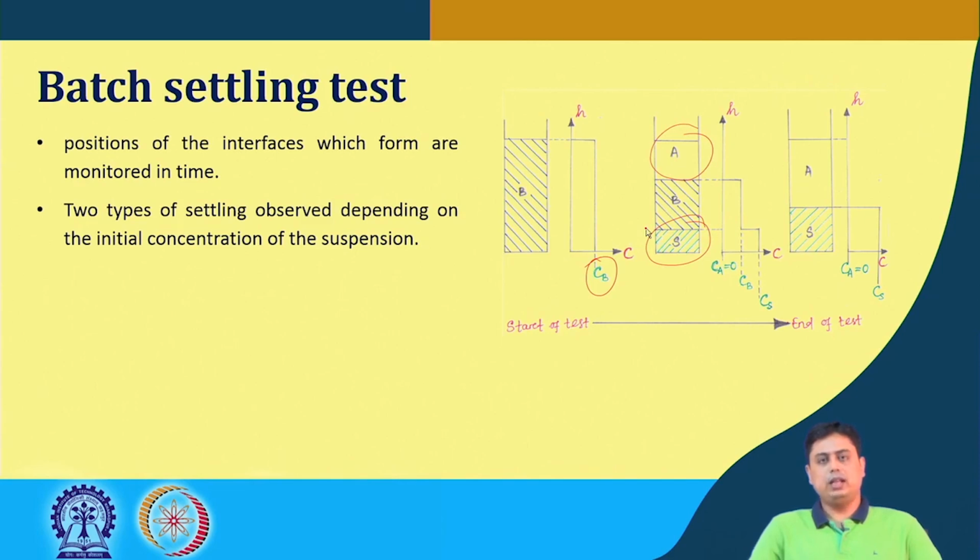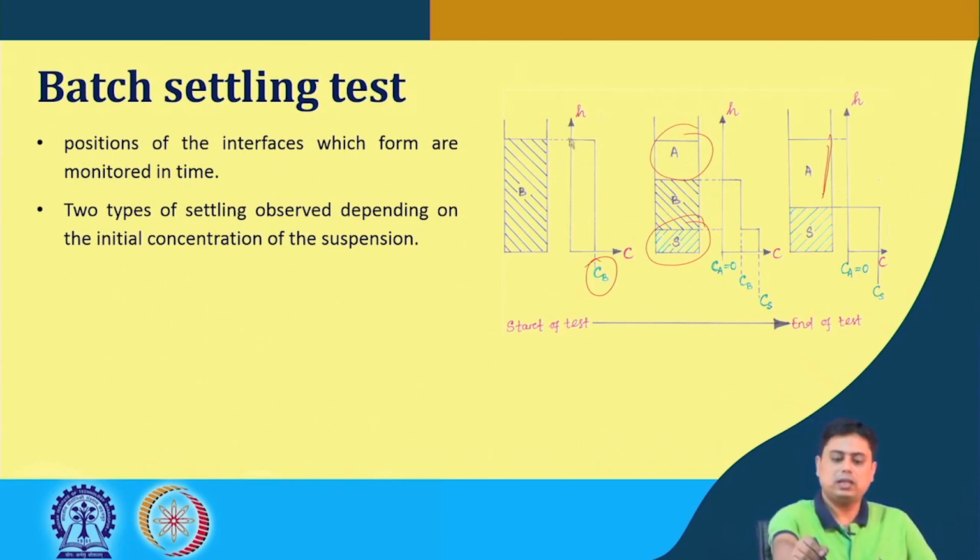And then if you continue with this experiment, after a brief period of time you would see that there are two clear layers. One is the sedimented portion, and on top of that we have a clear portion of the liquid or the fluid. Now, Ca, Cb, these are the concentrations that are mentioned.